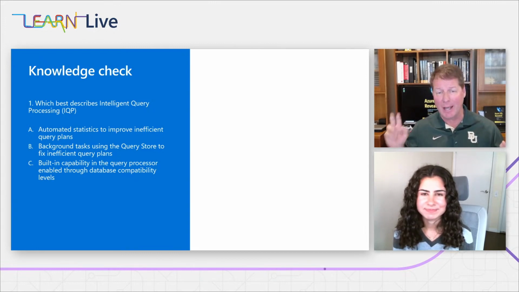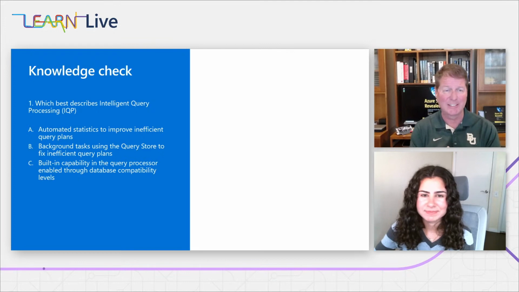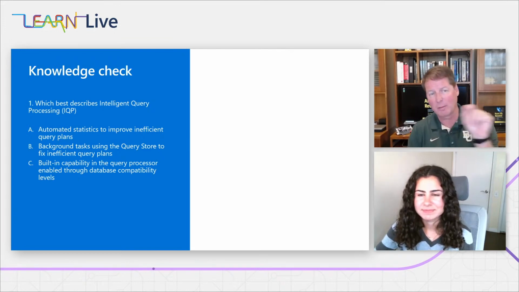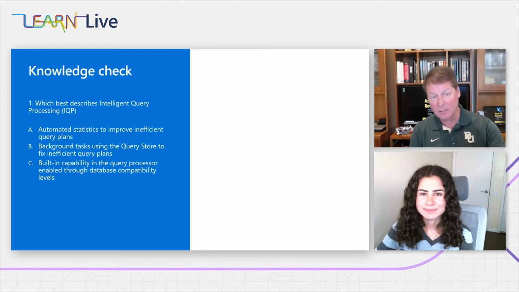So it is definitely not A, because it has nothing to do with that. It could be that statistics help us in query processing decisions, but intelligent query processing isn't us changing stats to make things faster. The query processor makes decisions based on a DB compat level. So it's not A, and it's in the query processor, so it's not a background task.